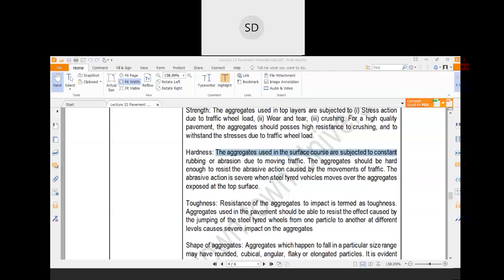After some standard revolutions, like 500 or 1000, you take out the aggregates with the dust particles produced by the wear and tear. You sieve that aggregate with a 1.70 mm IS sieve, and after that you find out the percentage of aggregates which crushed under these abrasive charges. Basically that is your hardness test.